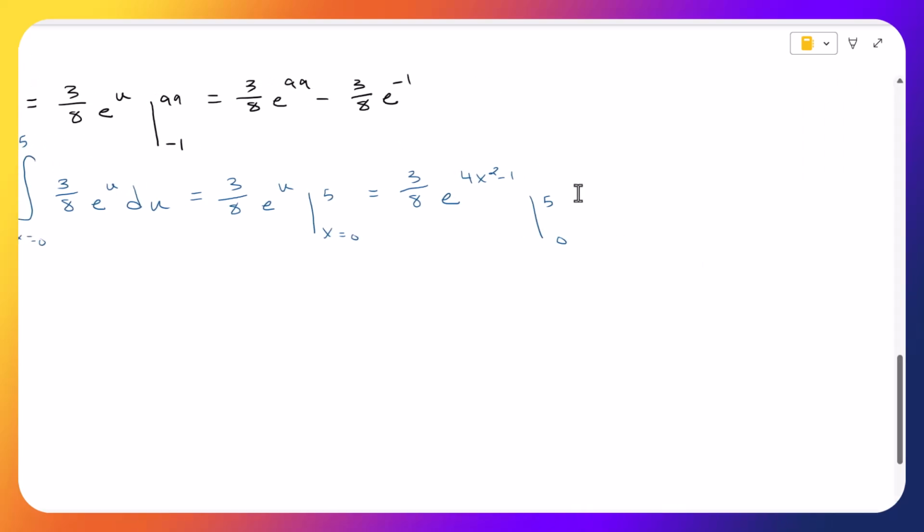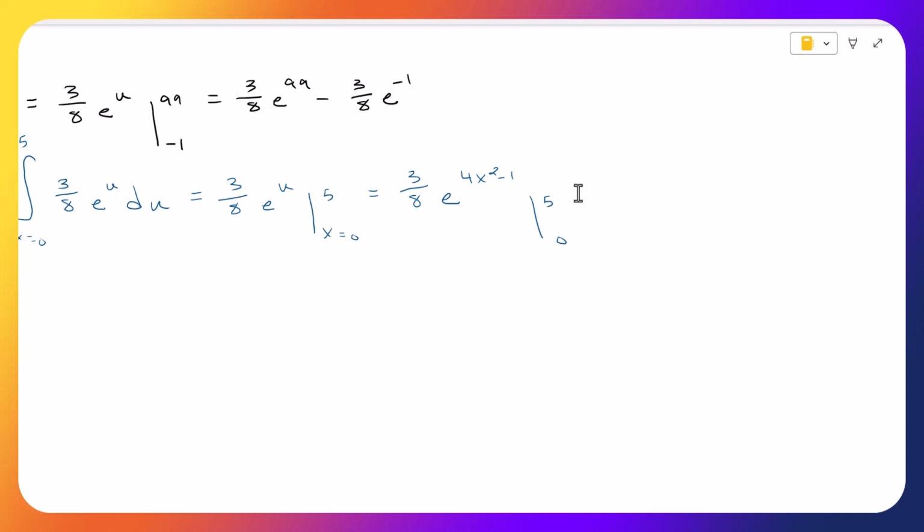And now we'll just substitute in. So this equals 3 over 8 e to the 4 times 5 squared minus 1, minus 3 over 8 e to the 4 times 0 squared minus 1.